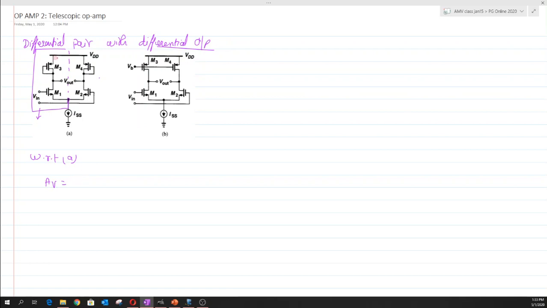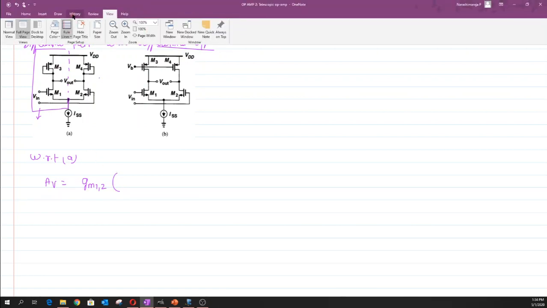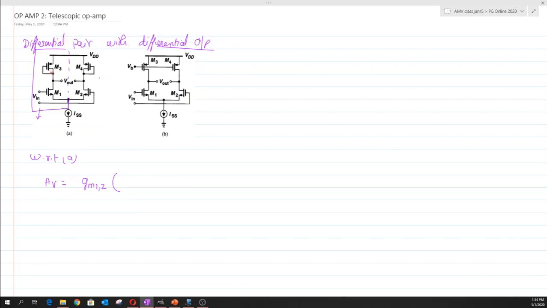In short, when we calculate the GM of this entire circuit, we end up having a parameter value GM1,2, and then the output impedance computation. The output impedance calculation is done across the node V out. When we look up, we have a diode connected configuration, which has an impedance of 1 by GM3 in parallel with RO3, and when we look down, we are looking into the drain of M1, which leads to a small signal resistance of RO1.